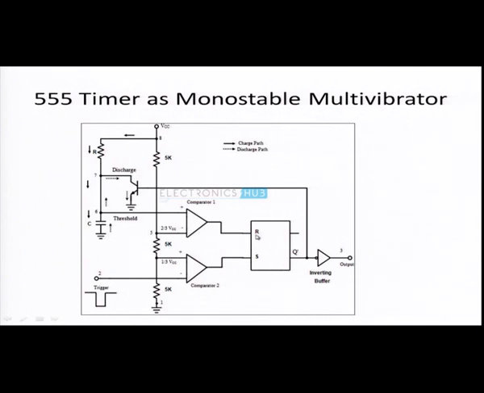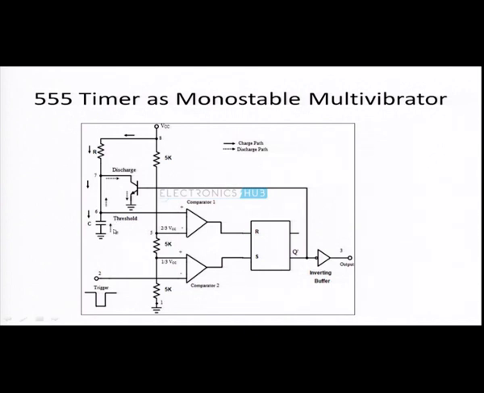So, R is equal to 1 in that case, and Q bar will be equal to 1, and the output will be 0. Again the output goes to the stable state, and the discharge transistor will be connected across the capacitor and provides the discharge path for the capacitor's voltage.